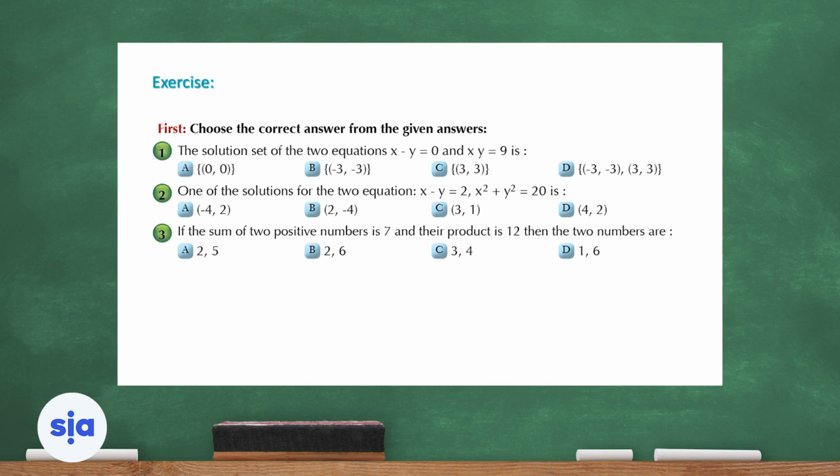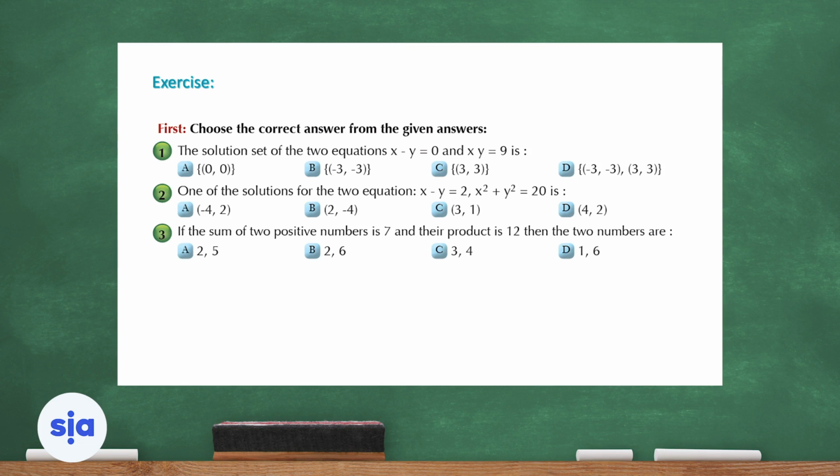Let's start with the first one. The solution set of the two equations x minus y equals 0 and x times y equals 9. What is the solution set? X minus y equals 0, so two numbers, if you subtract them, will give you 0. So for sure the two values must be the same. Okay, but their product, x times y equals 9.